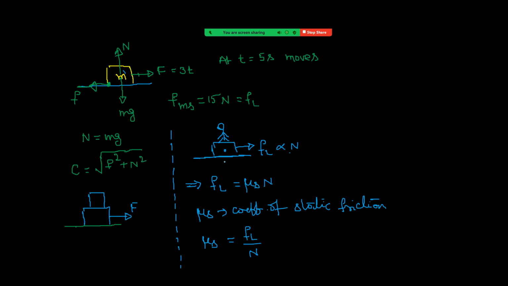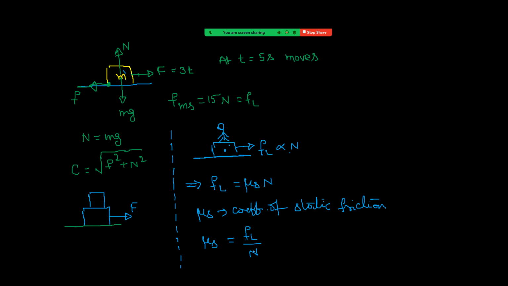Suppose the question is given like this. Weight of the block is doubled. Then what happens to mu s? So here we have to keep in mind when weight is doubled, limiting friction also becomes doubled. So the ratio remains the same.